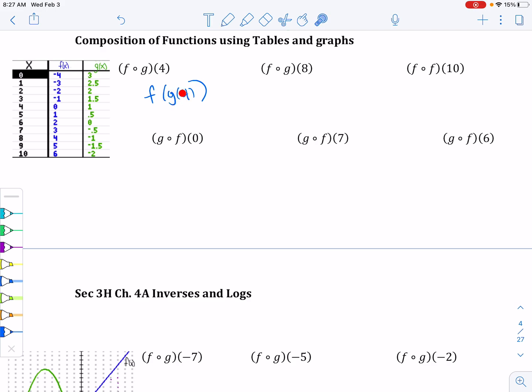I'm going to look at what my x value is. My x value is 4, and we're looking at the g column because we're looking for g right here. So at 4, we got 1. So g of 4 is really 1. So in place of g of 4, I'm going to plug in 1.